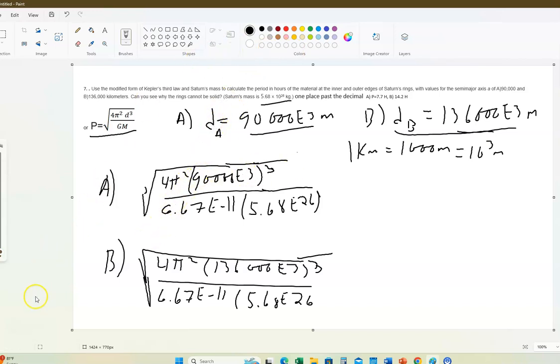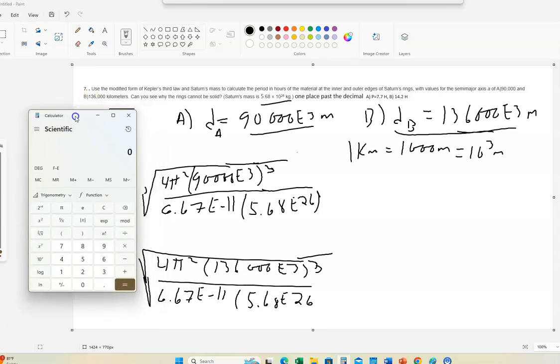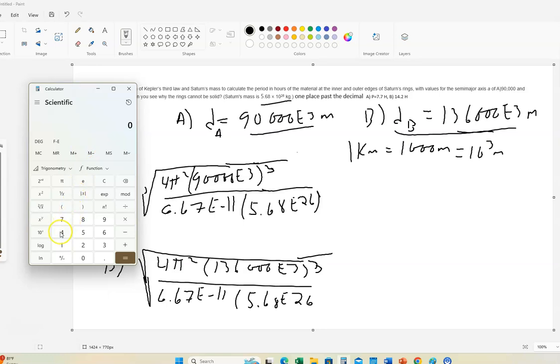So this is for A and B. I've just put the 4 pi squared in there.